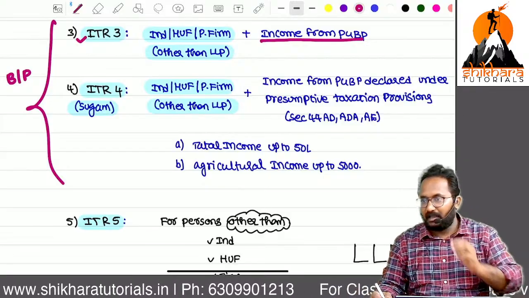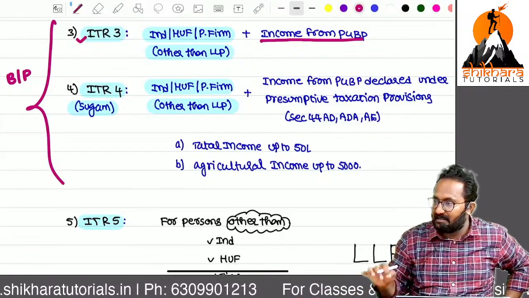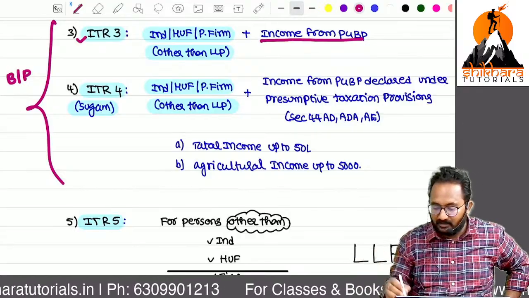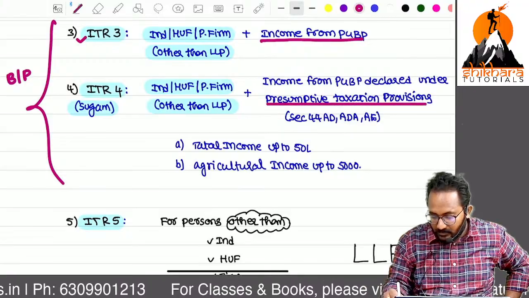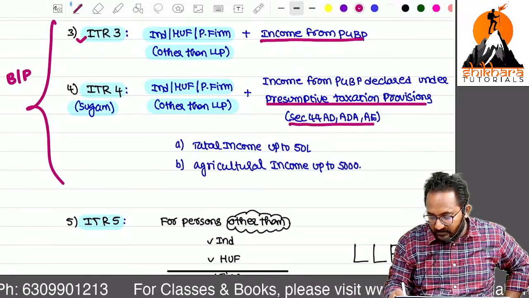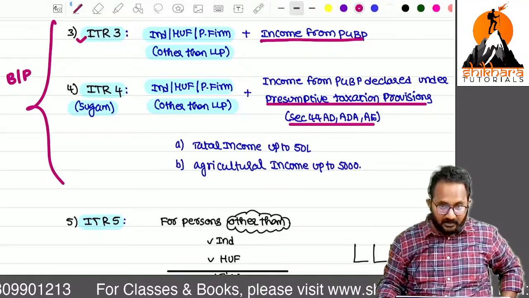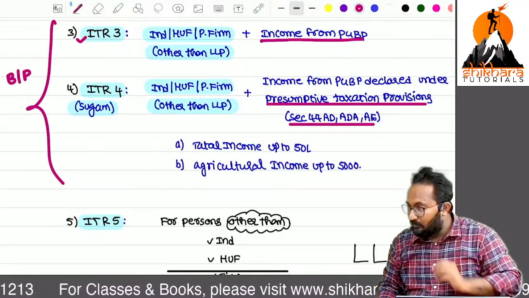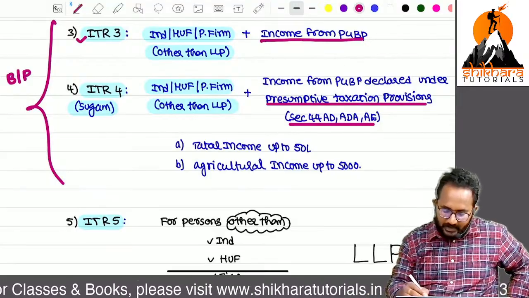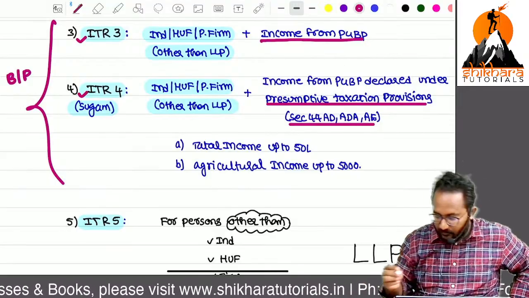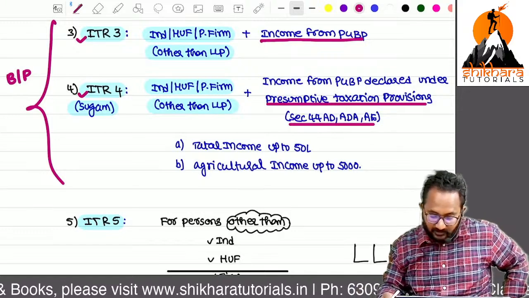Then ITR 4: if any assessee is declaring PCBP income based on presumptive taxation provisions. In PCBP, there are three provisions: 44AD, 44ADA, and 44AE. Then we can file the return with the ITR 4 form, called Sugam.